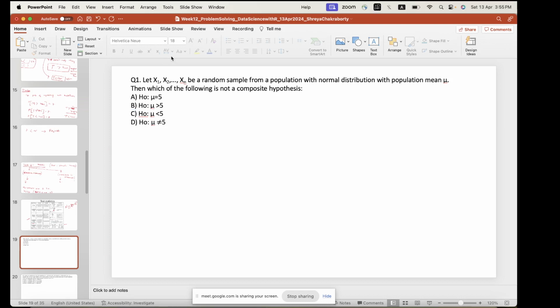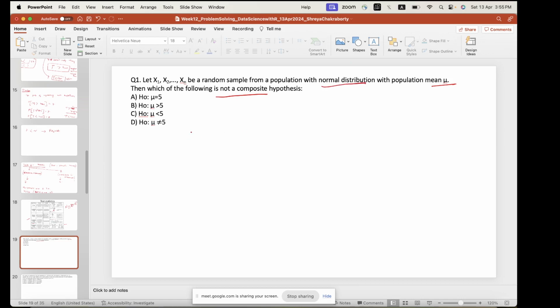So here we are saying x1 to xn is a random sample from a population with normal distribution. This is the population mean. Which of the following is not a composite hypothesis? So this is following a normal distribution.